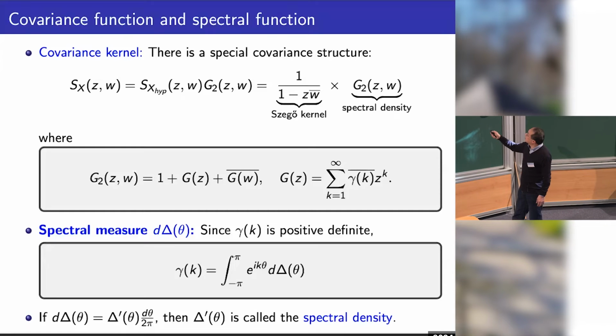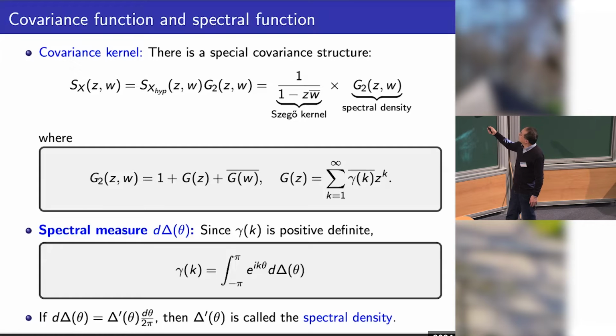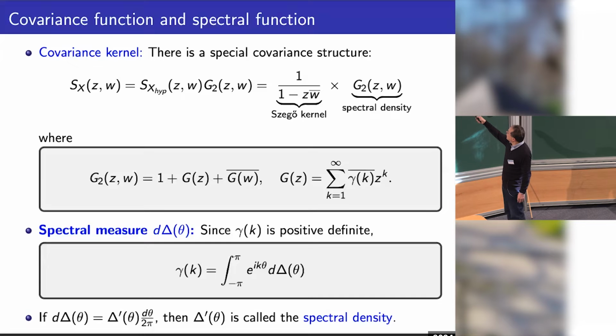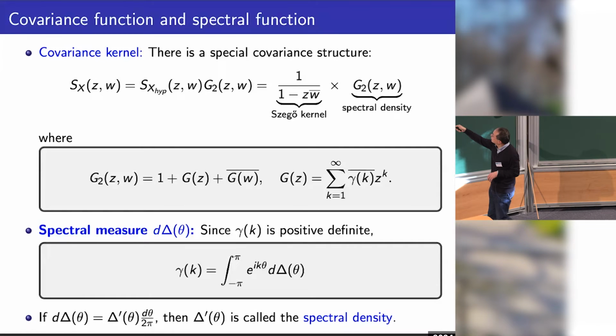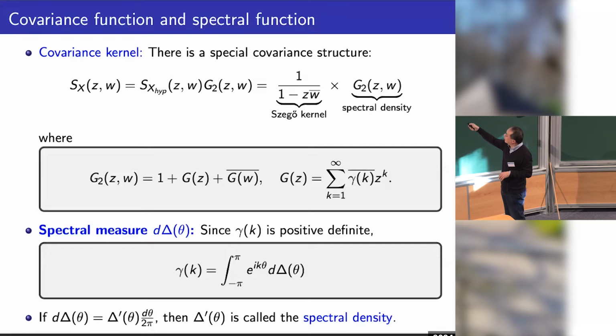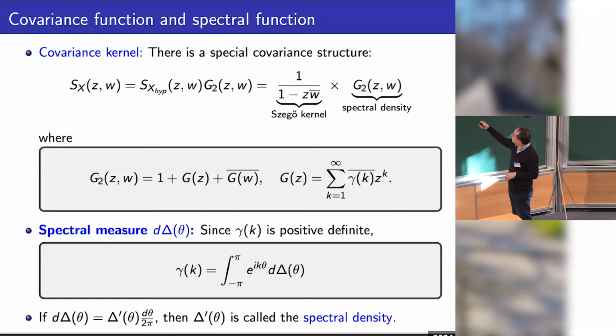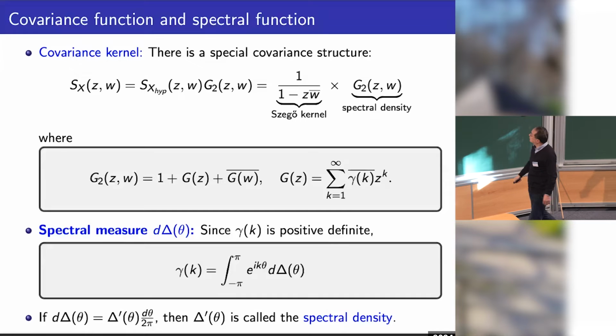The first one is the Szegő kernel, and the second one is very closely related to the spectral density. Actually, g of z is the generating function of the covariance function, except for 0, so you remove 0. And here you consider z and w: it is just 1 plus g of z plus the complex conjugate of g of w.